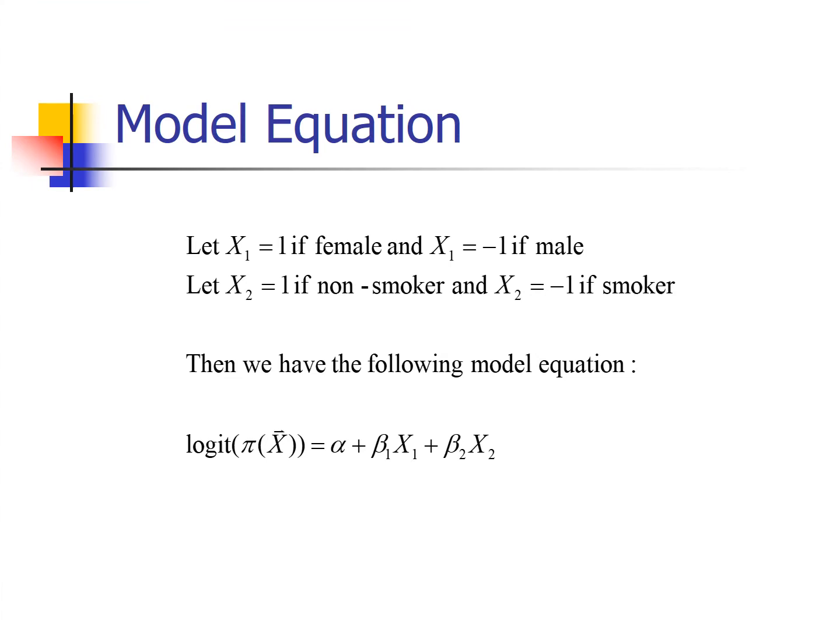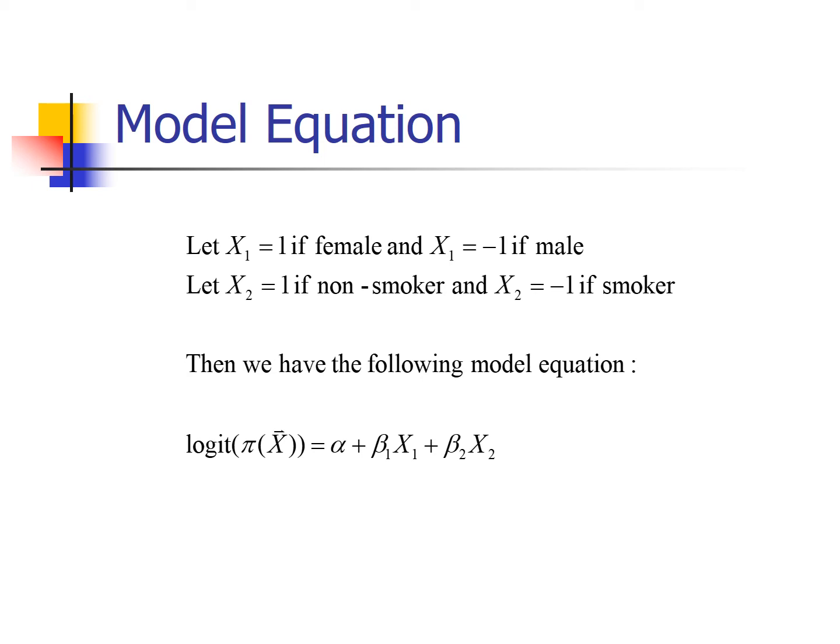Putting it in terms of a model equation, our model equation would look like this. Let x1 equal 1 if our patient is female. Let x1 be -1 if our patient was born male. Let x2 be 1 if our patient's a non-smoker.